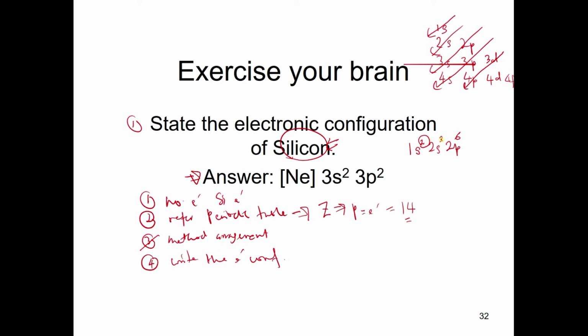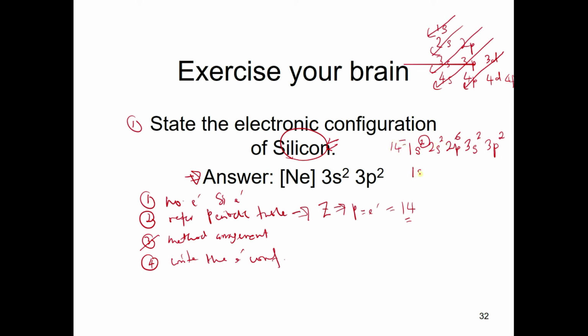Now as you total up, 2 plus 2 plus 6 is already 10, right? So you are left with another 4 electrons. After the 2p comes the 3s. So 3s takes another 2, leaving another 2 electrons. So it goes to 3p, another 2 electrons. You total up, 2 plus 2 plus 6 plus 2 plus 2 is equal to 14.